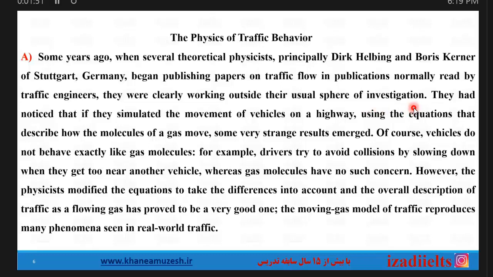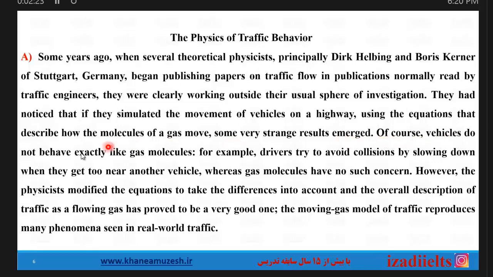Do you see any point up to here? We had some names, yes, something like that, yes. They had noticed that if they simulated the movement of vehicles on a highway using the equations that describe how the molecules of gas move, some very strange results emerged. I think now we're getting to the point somehow, yes?